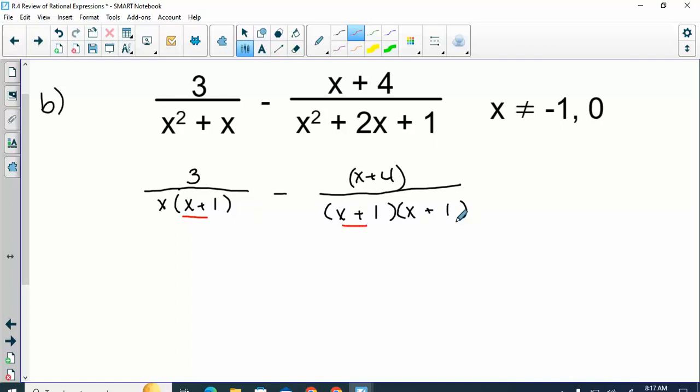But to match the other one, we need 2 of those. So it needs another x plus 1. This one has both of the x plus 1s. What does it mean? Do you guys care if I write the denominator as x plus 1 squared?